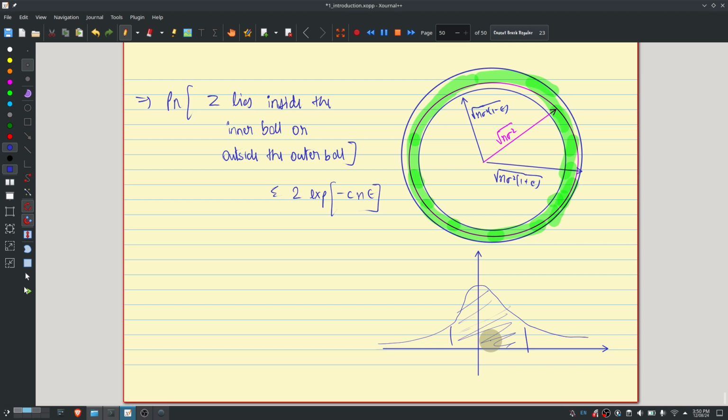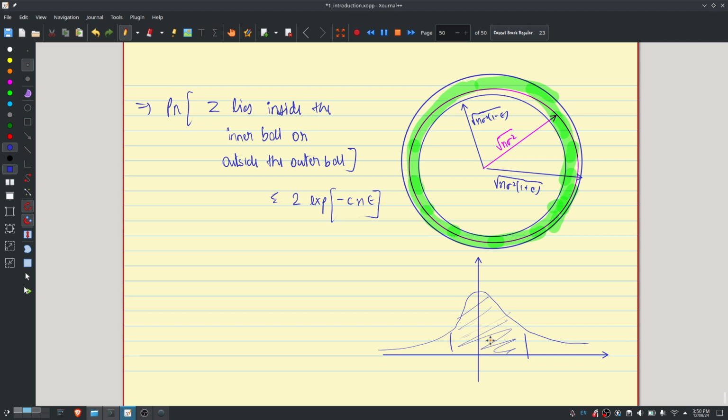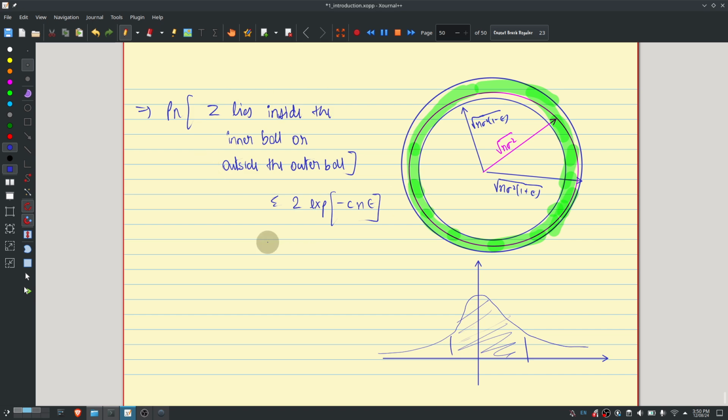The density is still radially decreasing. As you go farther away from the origin, the value of the density function in fact decreases. But this particular statement is rather surprising because it says that most of the probability is not concentrated very close to the origin. It's in fact concentrated away from the origin. It's concentrated in a very thin shell.